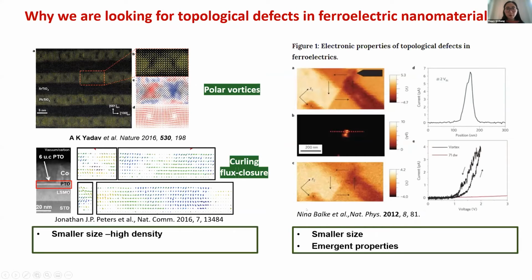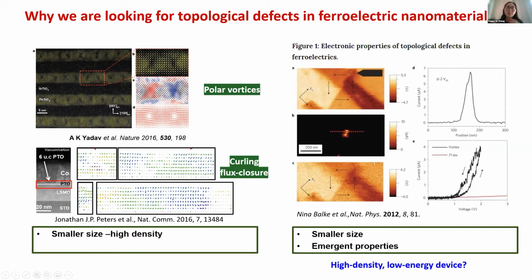These topological defects in ferroelectric nanomaterials have two very special and typical features. One is that they often have a very, very small size. For example, in previous TEM studies, the size in a superlattice is less than 5 nanometers. On the other hand, they often show emergent properties never seen in a bulk material, for example, high conductivity in the core center of a vortex.